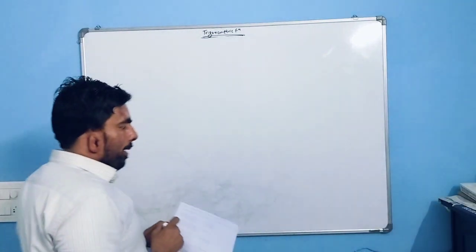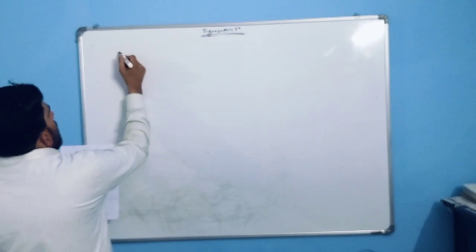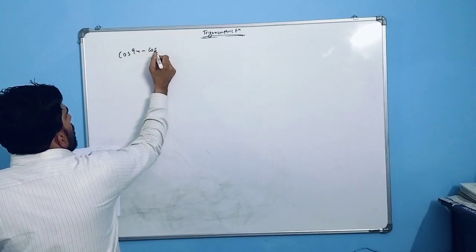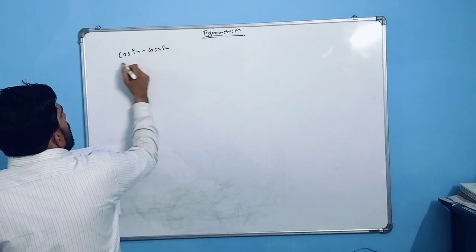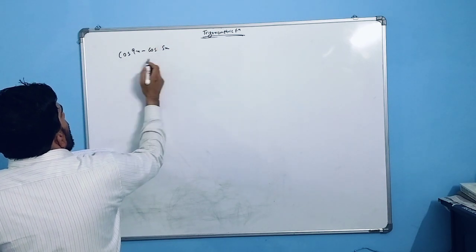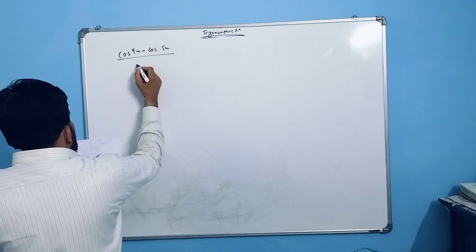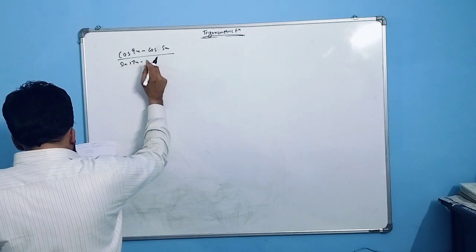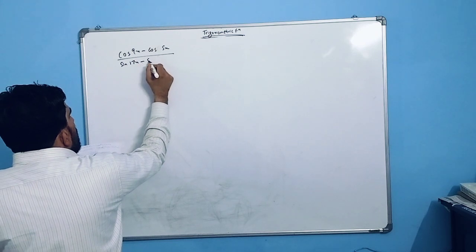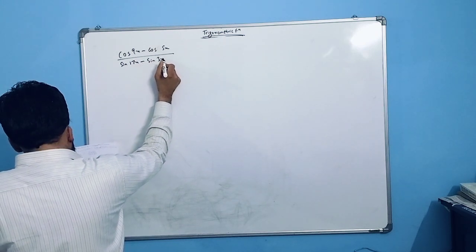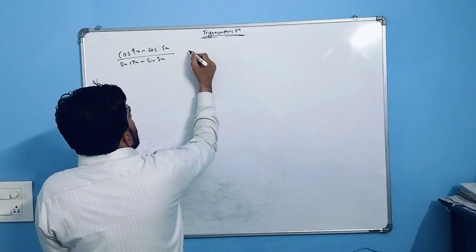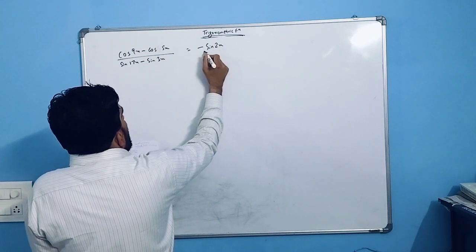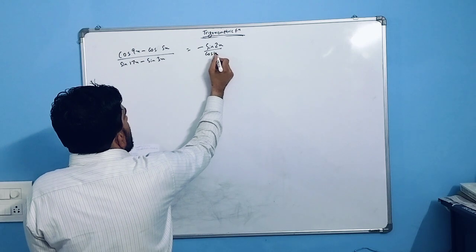Now the next numerical we have, what we need to prove, is (cos 9x minus cos 5x) upon (sin 17x minus sin 3x) is equal to minus sin 2x upon cos 10x.